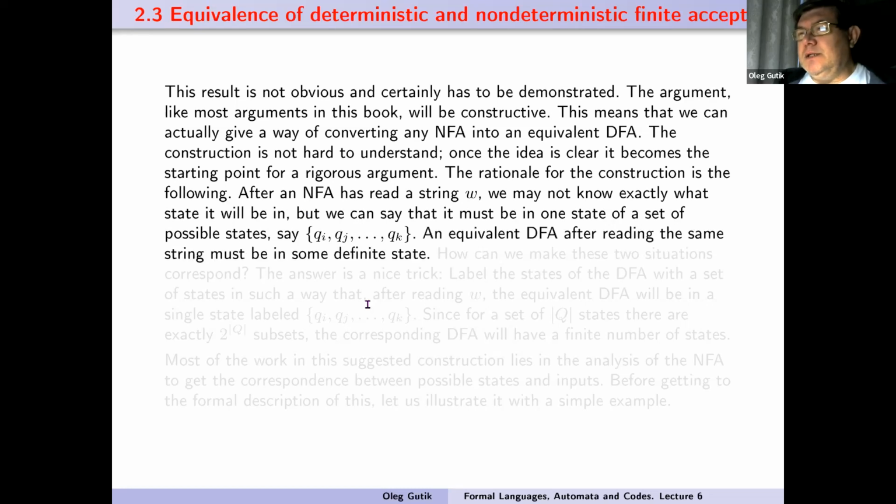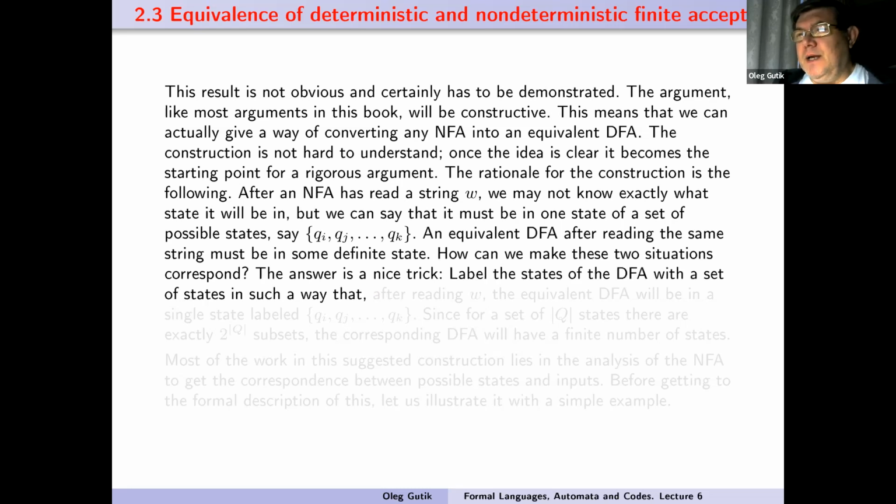An equivalent deterministic finite acceptor, after reading the same string, must be in some definite state. How can we make these two situations correspond? The answer is a nice trick.